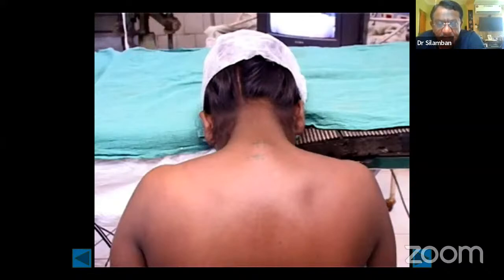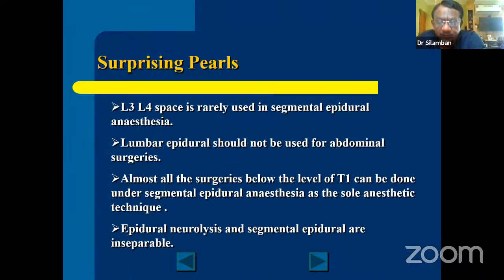Coming to the surprising pearls, the L3-L4 space is very rarely used in segmental epidural anesthesia. It is invariably higher. Lumbar epidural should not be used for abdominal surgeries. Almost all surgeries below the level of T1 can be done under segmental epidural anesthesia as a sole anesthetic technique.